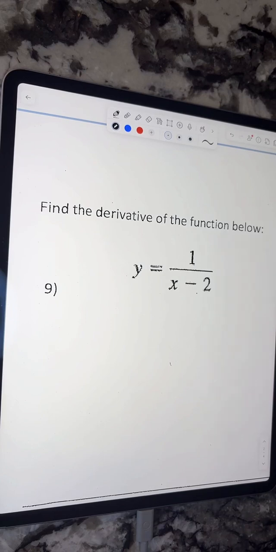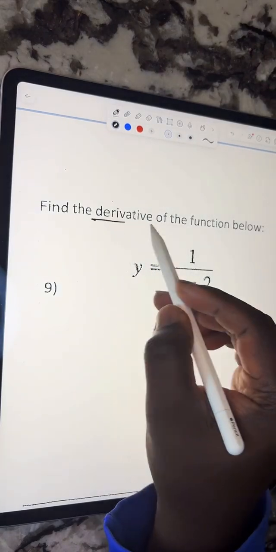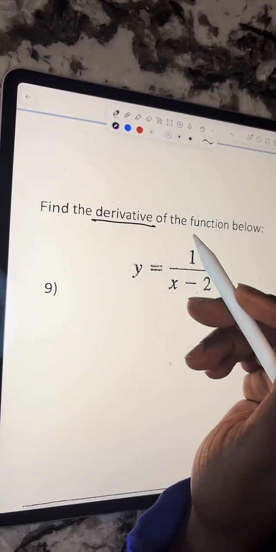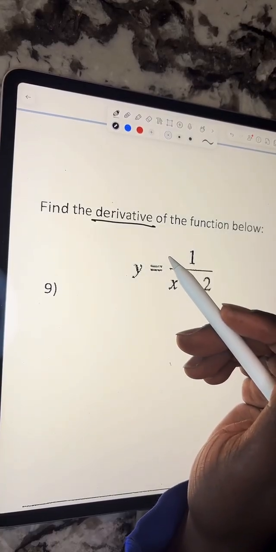Okay, so guys, we're looking for the derivative. You can actually use the quotient rule here, but you don't have to.